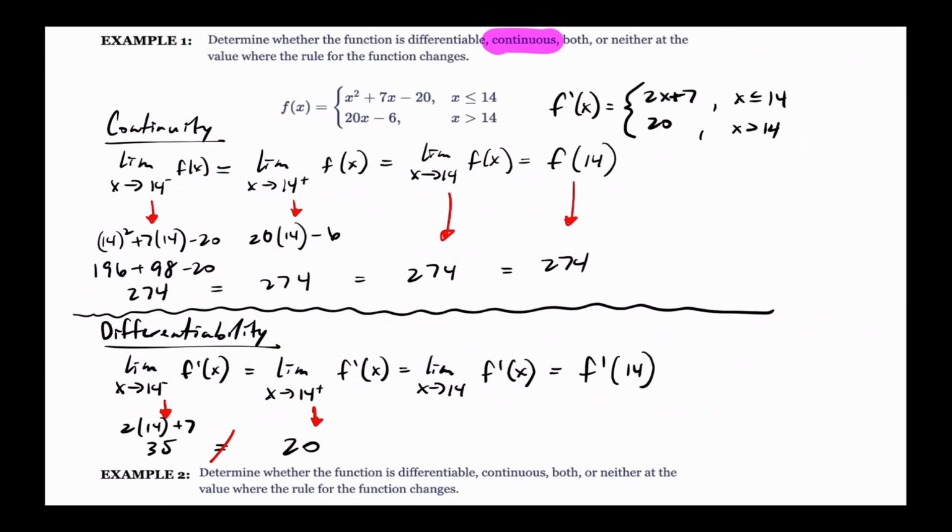So what's my answer? Let me write it over here. We would say f is continuous at x equals 14, but not differentiable.